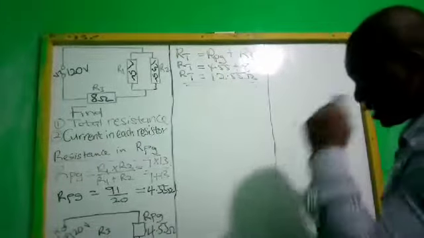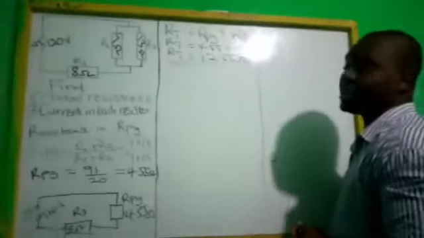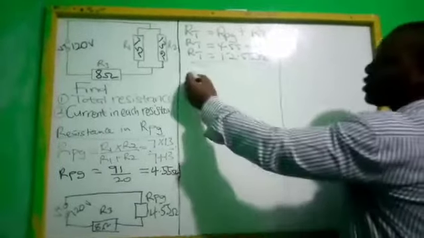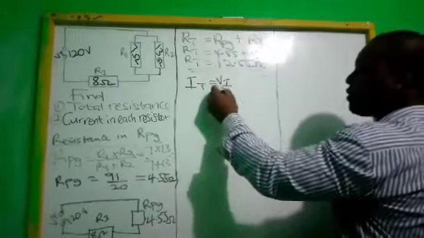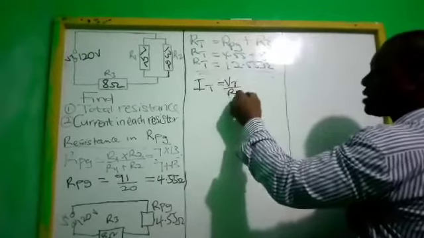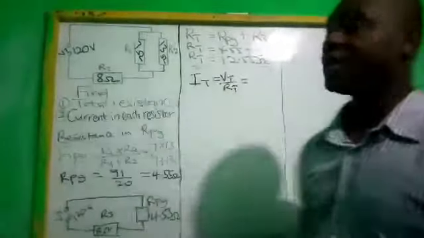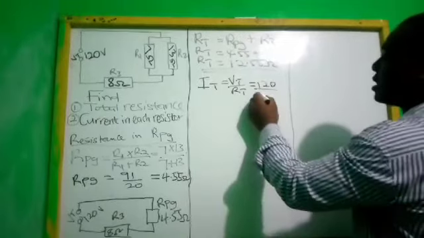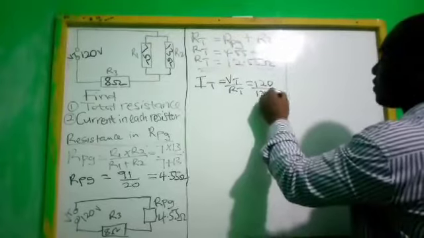Now that we have our total resistance, we can calculate our total current. And mind you, our total current will be the same current that will flow in resistor 3. As we continue calculating, you will understand why. So total current is equal to total voltage over total resistance, which is 120 over 12.55.